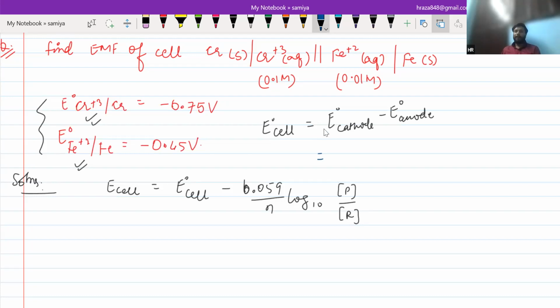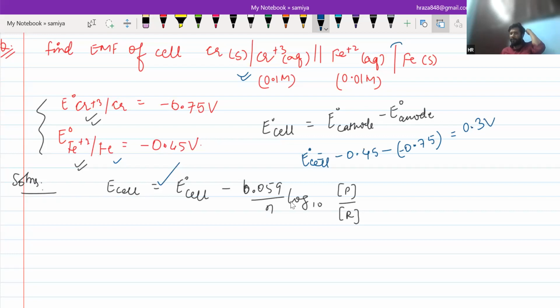Cathode you can say on the right hand side Fe, the value of Fe that is minus 0.45, minus anode on the left hand side, that is Cr, that will be minus 0.75. So E naught cell you will get 0.3 volt. So you got the value of E naught cell. That means this is done.